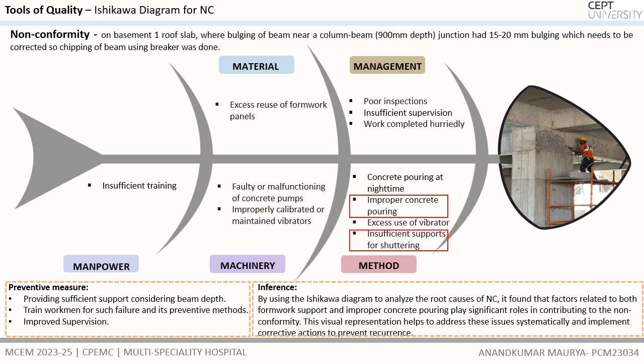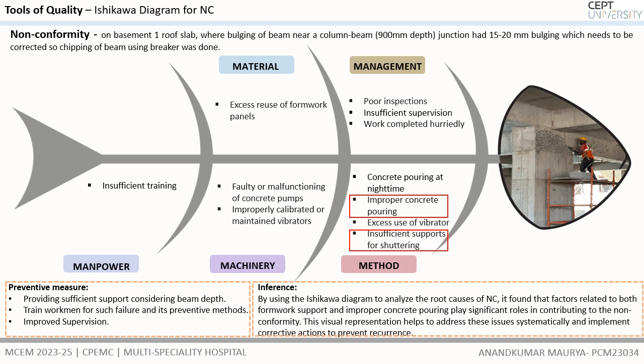the beam and column junction, where the beam depth was 900 mm. This analysis shows five major categories: material, management, method, machinery, and manpower, where the following are the causes of the non-conformity.